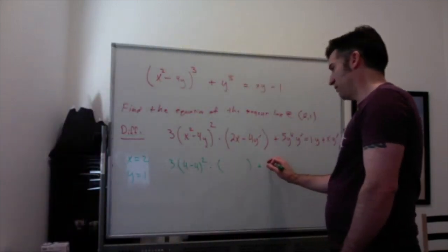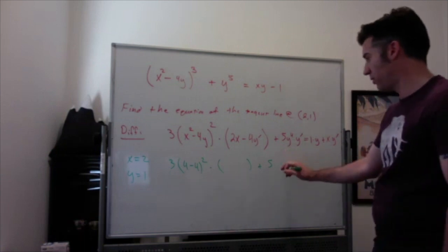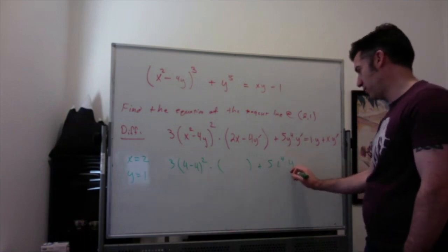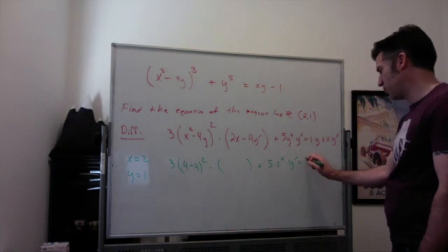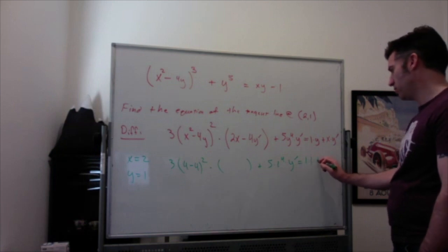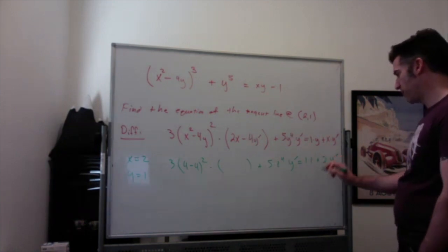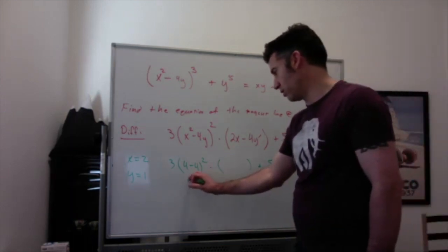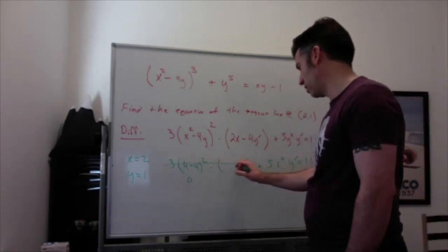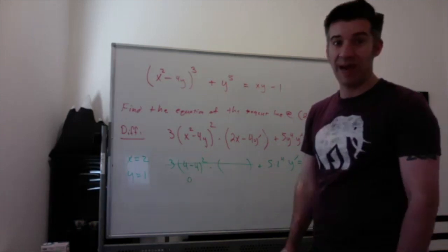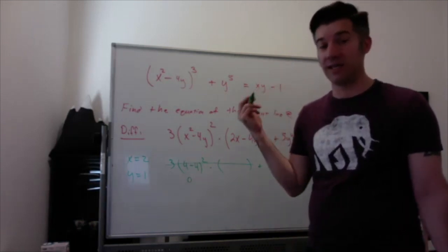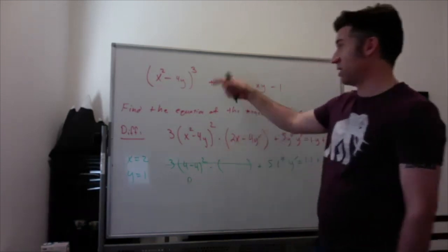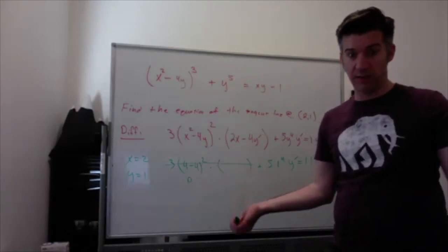Plus 5 times 1 to the fourth times y prime equal to 1 times 1 plus 2 times y prime. Right, this is a big 0, which means all of this goes away. Which happens a lot. I designed this one specifically so that the part that was kind of gross would just be 0 when I took the derivative.